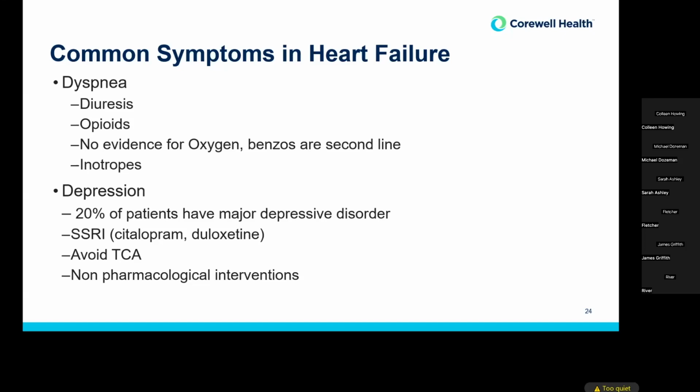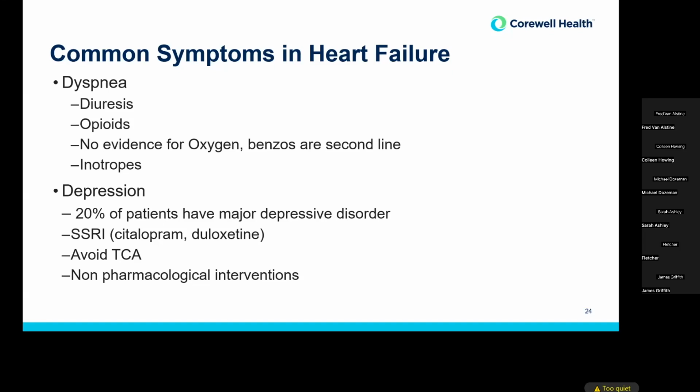Inotropes definitely improve the symptoms of dyspnea. And so if a patient is a candidate for that, or if they are on inotropes, it might be worthwhile to collaborate with your heart failure partners and see, is it possible to do a dose adjustment? So really looking at dyspnea beyond the use of opioids. Depression is very, very common.